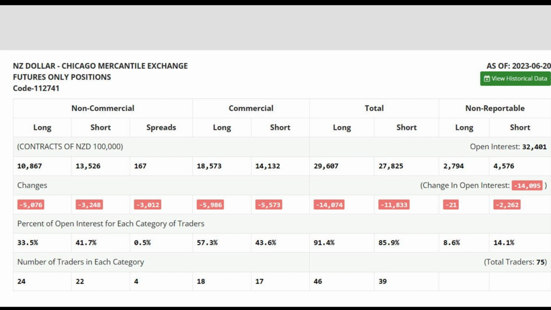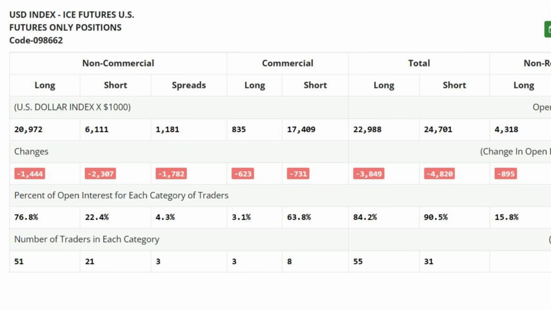Now again, let's look at the other side of things, which is the US dollar index. We can see there's 20 plus K long positions and 6 plus K short positions here, which already tells me that the dollar is most likely going to continue into appreciation of price, which is a good thing for the dollar.